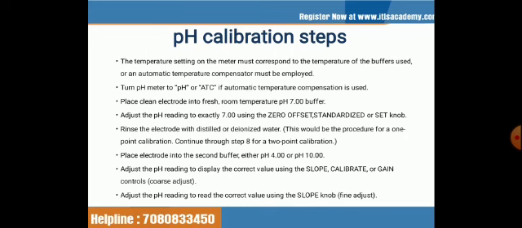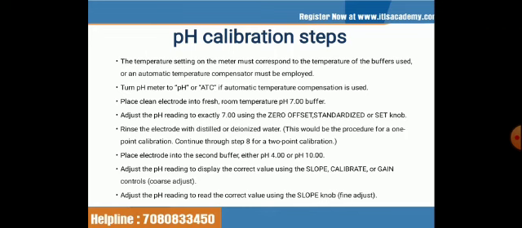So if your buffer is at a cool temperature, then you have to set the temperature knob to 0 to 10 degrees Celsius or 10 to 20 degrees Celsius. And if your buffer is at room temperature, then you have to set the knob to about 25 degrees Celsius.